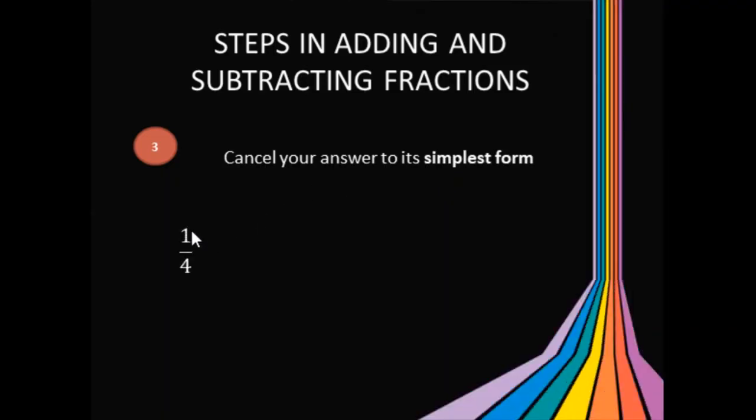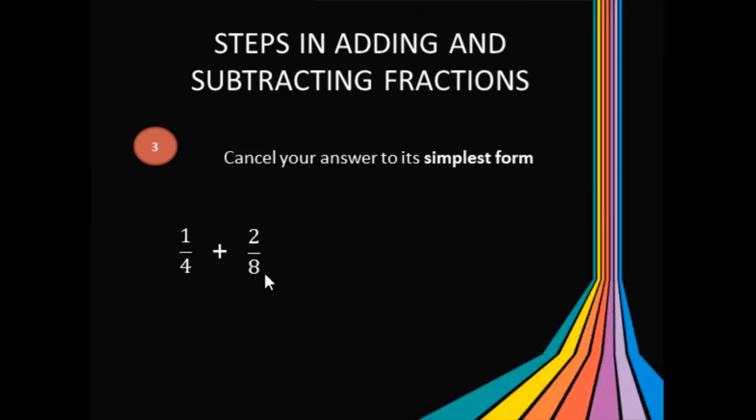I have here 1/4 plus 2/8. Look at their denominators. Are the denominators the same or not? Not. Very good. So, what are we going to do? You're going to find their common denominator.